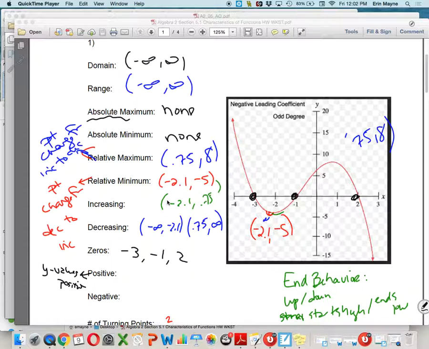If we talk about negative as in where the y values are negative, if I'm covering up the part where the y values are greater than 0, say it out loud. Where is that? Above the x-axis. You got it. So it's positive here and here.